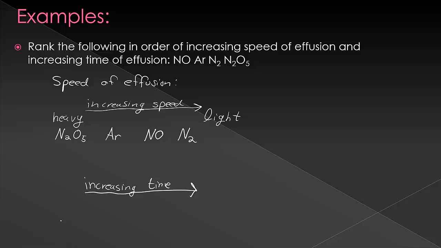And so it works exactly in reverse. Our fastest molecule is nitrogen, followed by NO, followed by argon, followed by N2O5. So it's all about ranking it in order of masses and then paying very close attention to whether you're talking about speed of effusion or whether you're talking about increasing time of effusion.